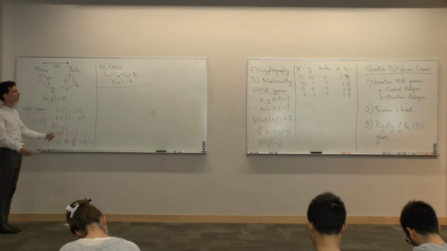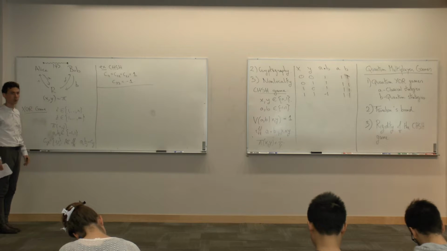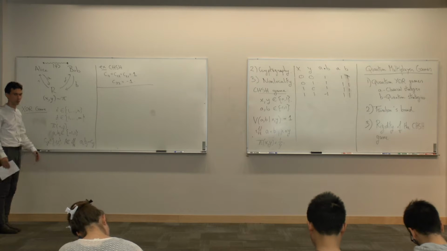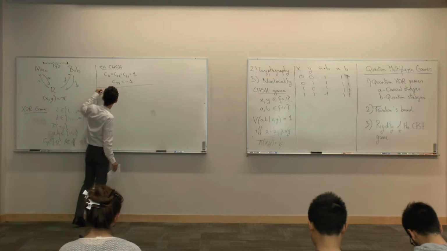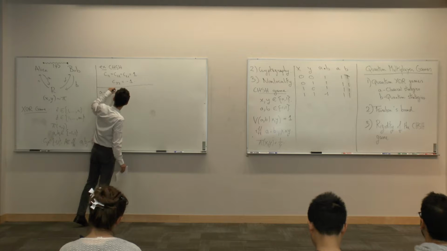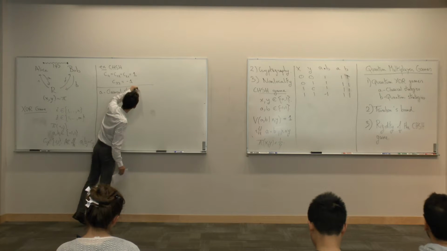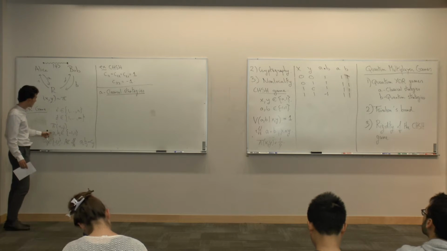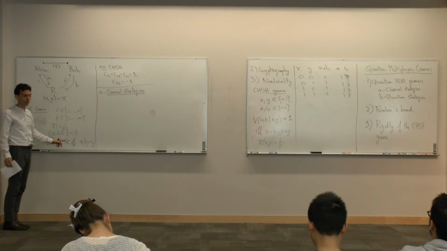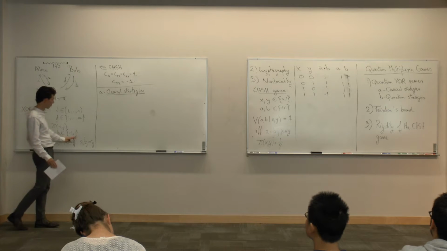I'm going to write an expression for the maximum success probability of classical strategies first, and then we talk about quantum strategies. But we have to go slowly over classical strategies before we can understand the quantum ones. By classical strategies, I mean the simplest thing: these players get a question i and they reply with a_i.